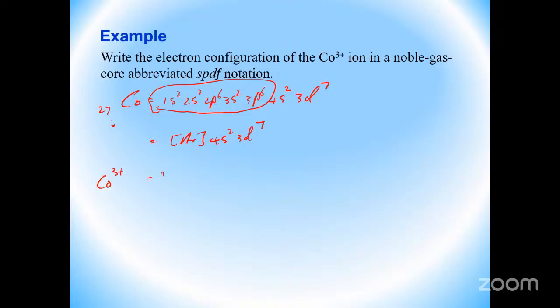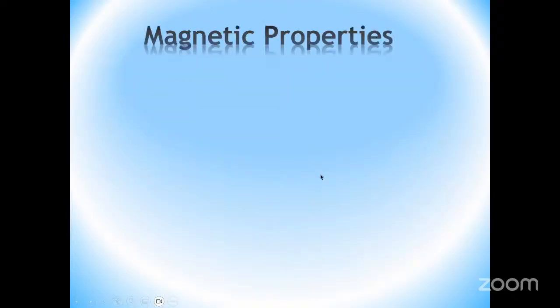You have argon and then what? 3d6, exactly. Because you're going to lose the first 2 electrons from the 4s, so that will disappear, and you're going to lose the third electron from the 3d, which is reduced to 6, and that would be the electron configuration of cobalt 3+. Okay, very good.